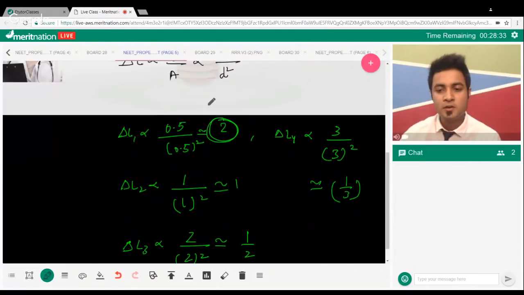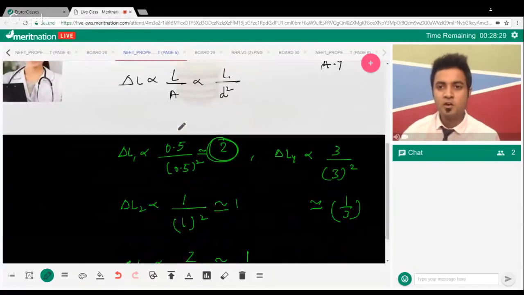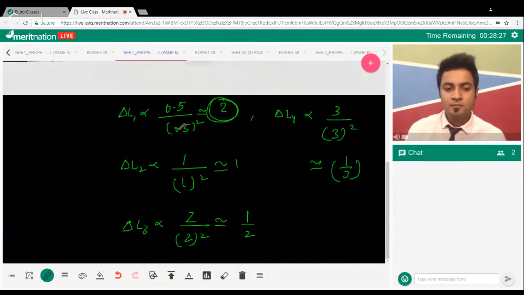According to that, you can just pick up the right option. That's all. Any doubts, guys? Because here I would have taken radius as well, but again it is proportional to diameter, so no need to put it in the form of the radius.